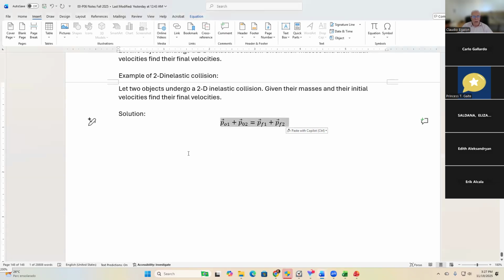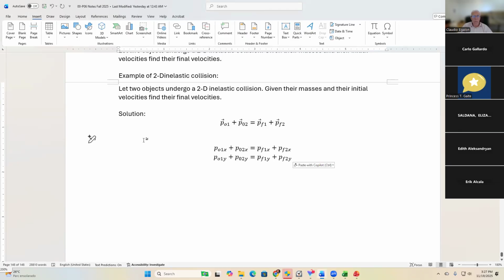Break the linear momentum into two equations along the x direction and the y direction. P01x plus P02x equals PF1x plus PF2x.